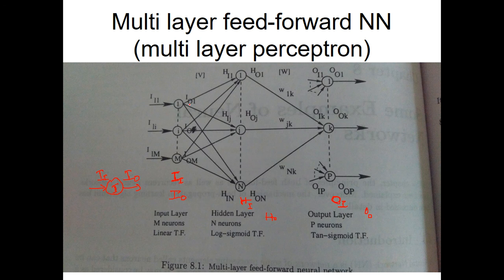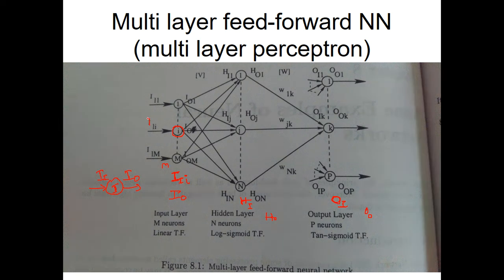The second subscript tells about the index, like input layer we have m number of neurons. Okay, so i is equal to 1 to m. So the second subscript tells the index, like ith neuron at input layer.